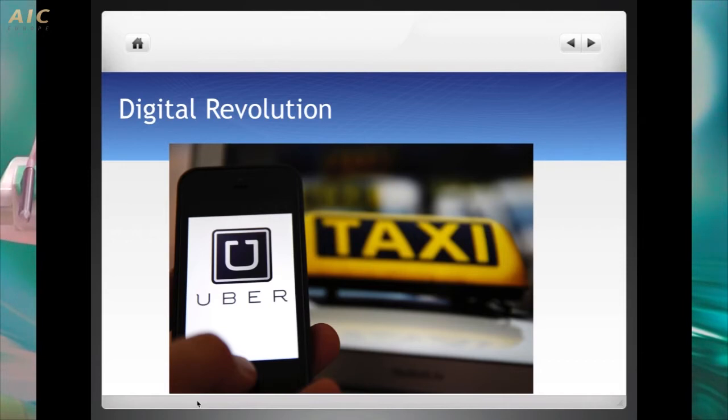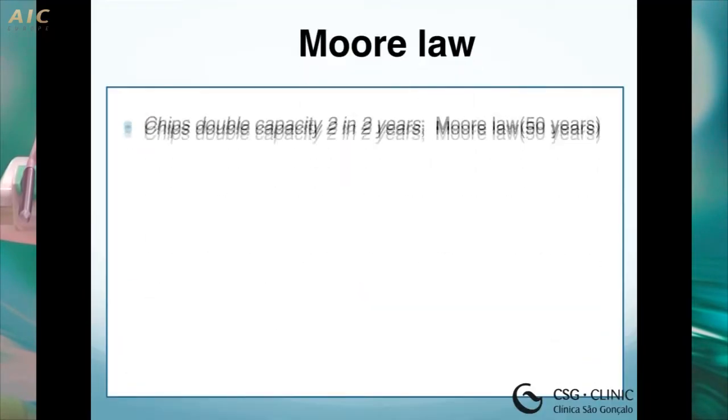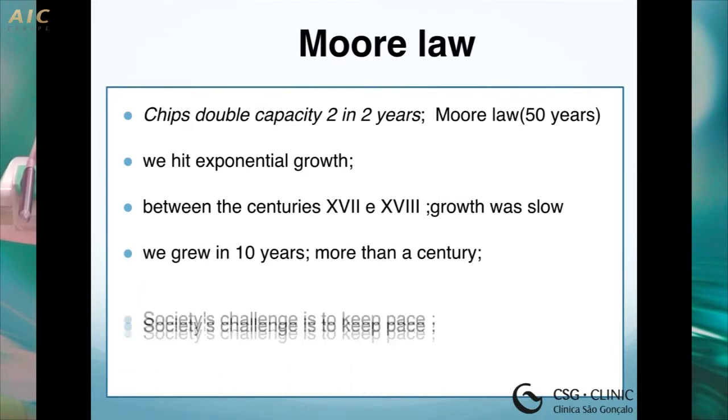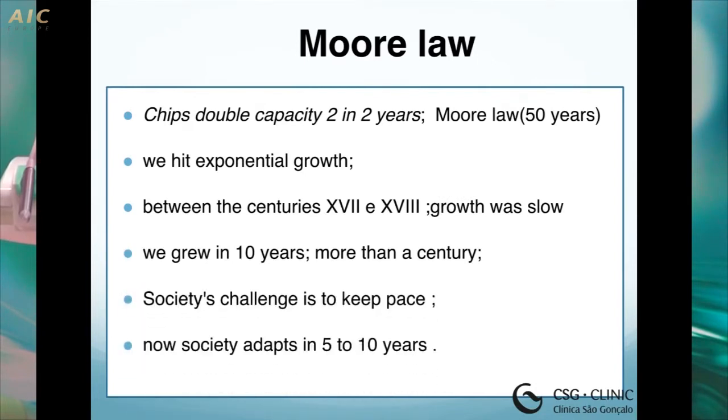So, there's a law, predicted some 15 years ago, which is Moore's law. Moore's law means that chips will double their capacity every two years. And nowadays we are in exponential growth.